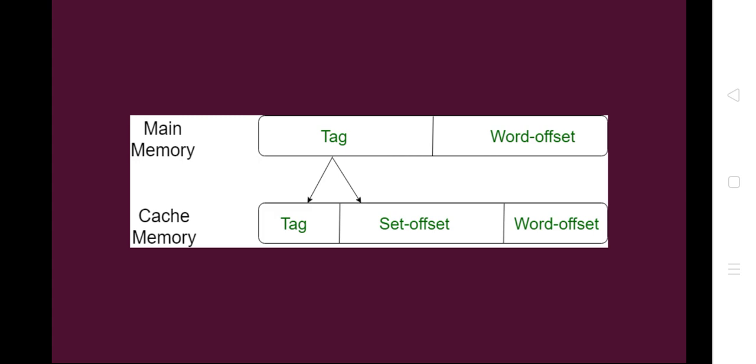The bits available to the tag are divided into two groups, tag and set offset. If the tag is matched, only then do you look for the set. By this we can reduce the access time.